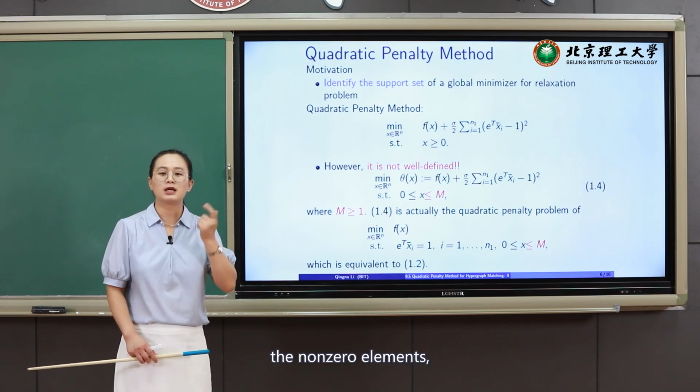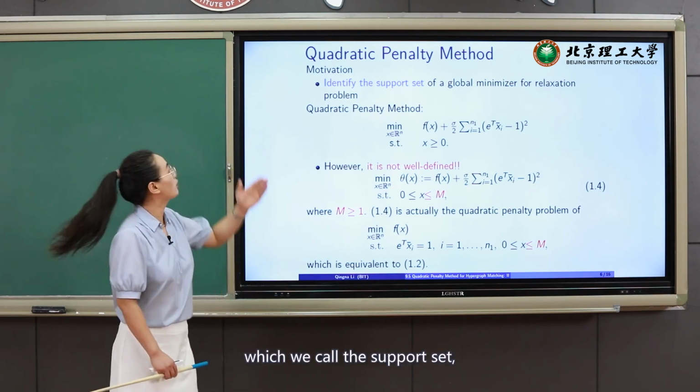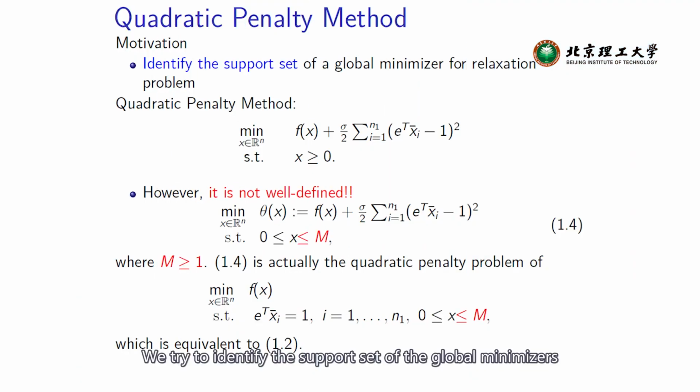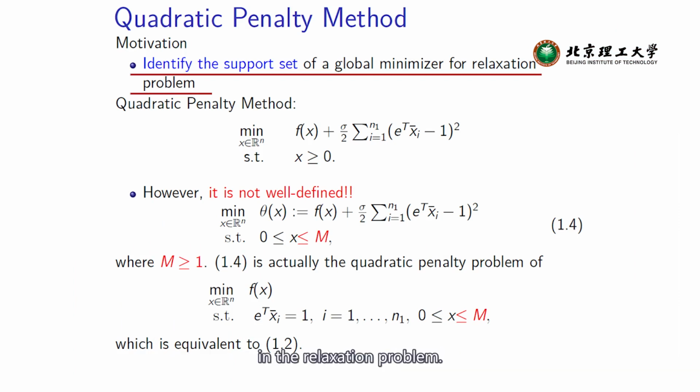Therefore, the non-zero elements, which we call the support set, are very important. So we try to identify the support set of global minimizers in the relaxation problem. The scale of the global minimizer is not that important. We try to identify the support set, okay?